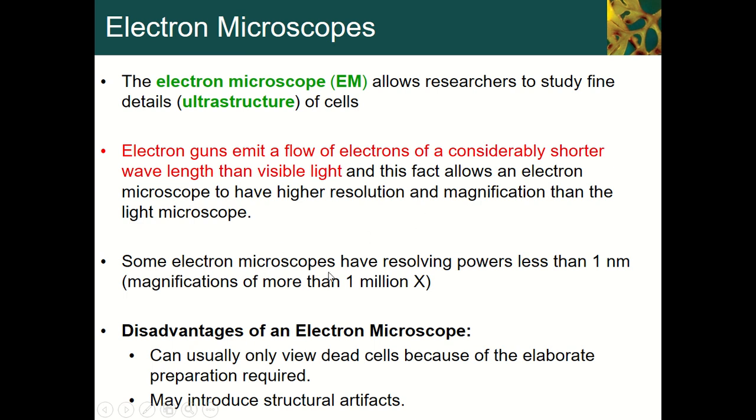Some electron microscopes have a resolving power of less than 1 nanometer. However, there is a disadvantage: the electron microscope can only view dead cells, not living organisms, because of the elaborate preparation required, and it may also introduce structural artifacts.